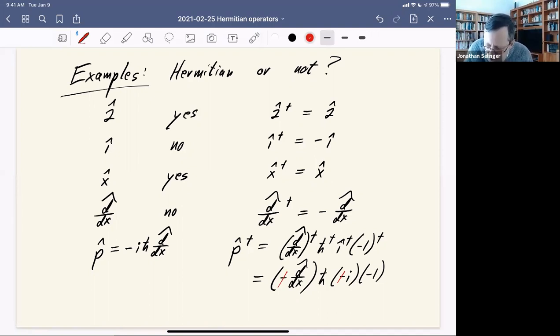Those things cancel, and then we get this set of factors times d by dx. Those factors can factor out to the front because they are just multiplication by a constant.